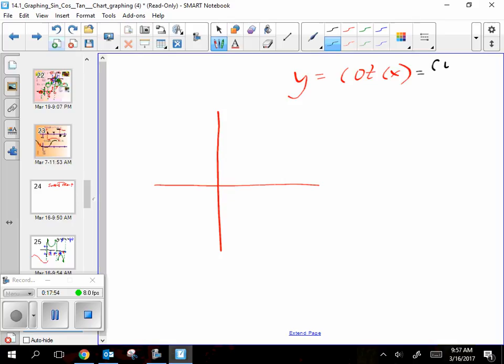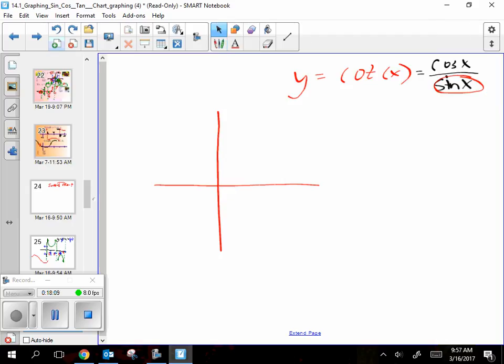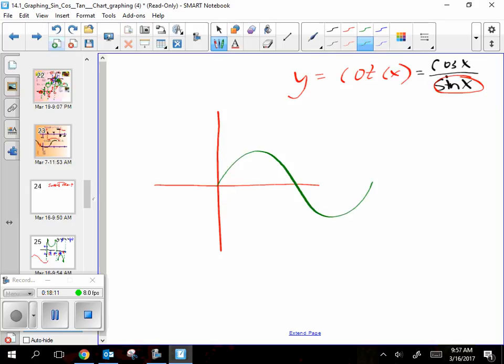Well, cotangent is cosine over sine. And that means that wherever sine hits 0, cotangent won't exist. So here's what sine looks like. Sine looks like this.